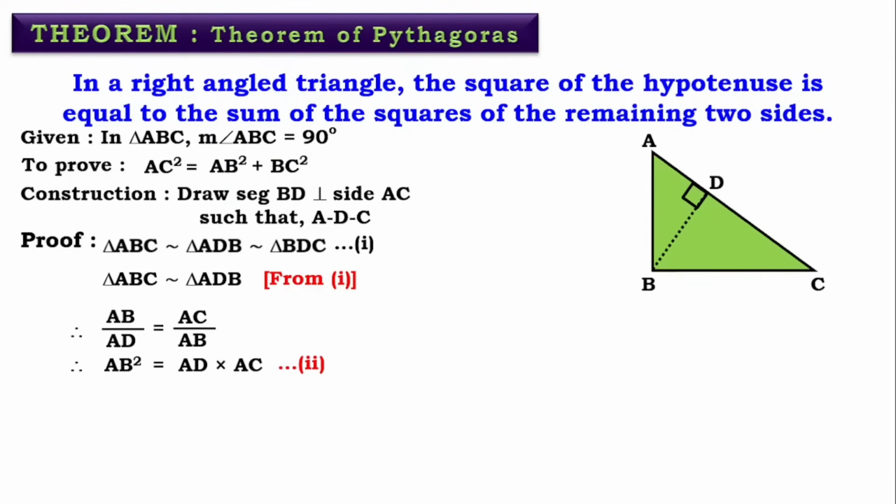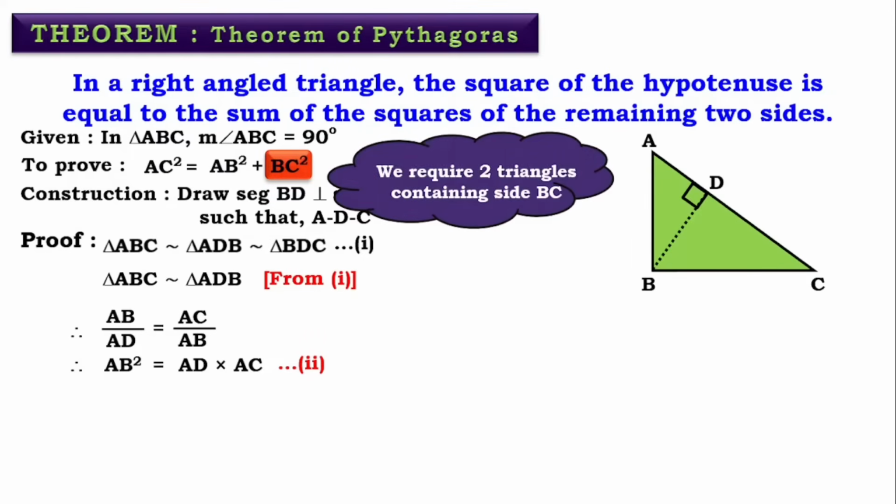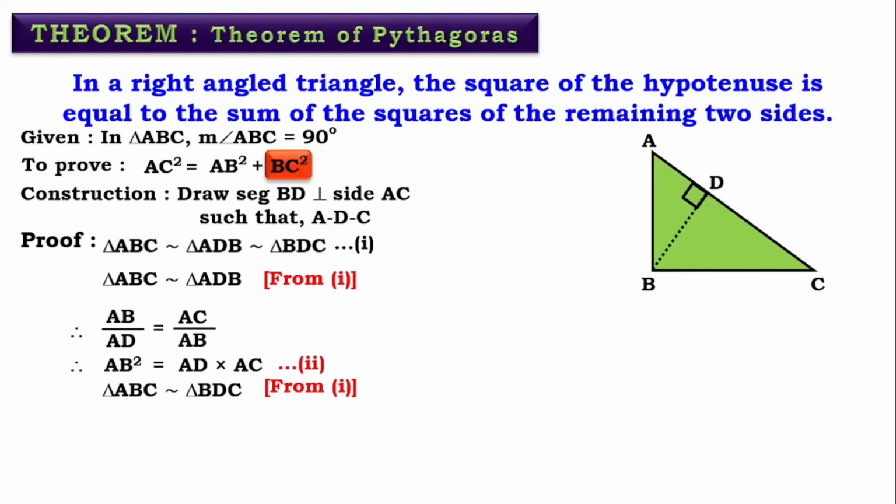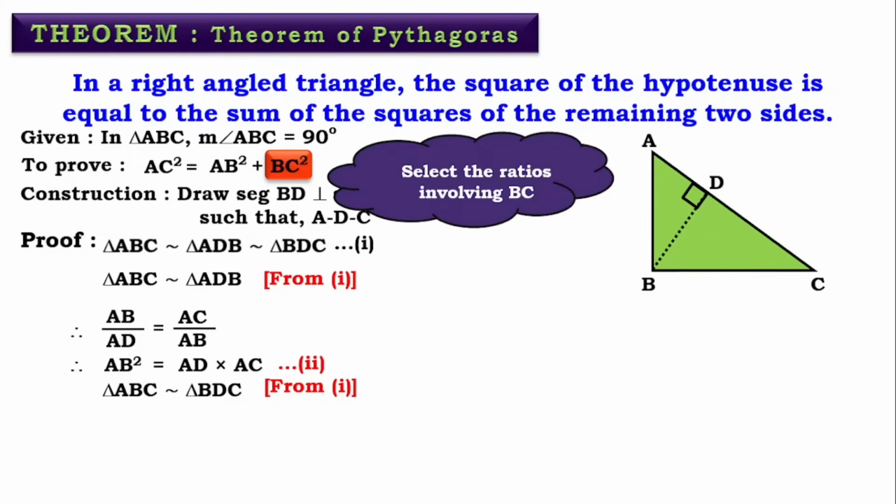Moving forward, BC square. We require 2 triangles containing side BC over here. That is triangle ABC and triangle BDC. Triangle ABC is similar to triangle BDC. From 1, select the ratios involving BC because I need BC square now.